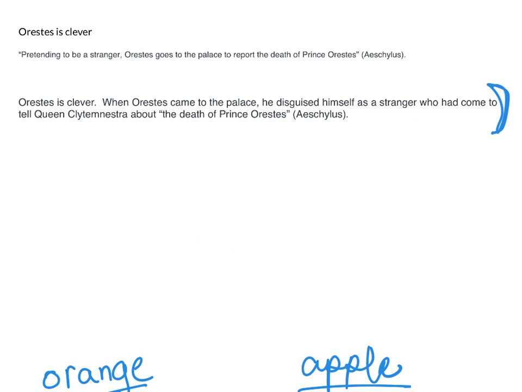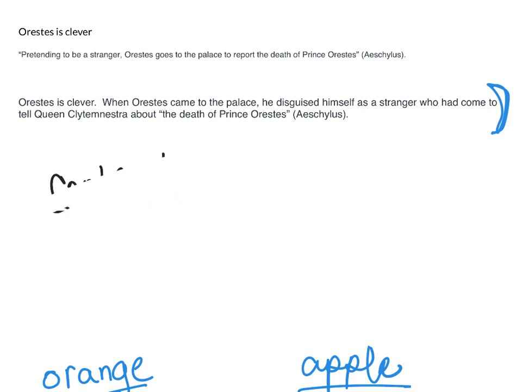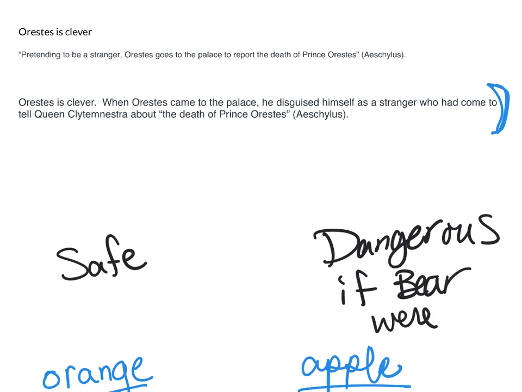So if I want to prove to someone that my dog is safe, if I'm doing contrast commentary, I say, what's the opposite of safe? Dangerous. I then set it up with my if statement. If Bear were dangerous, what would that look like? Well, if Bear were dangerous, when he was petted very roughly, he would react.